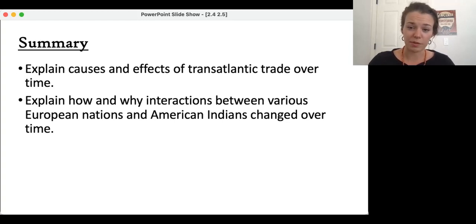Similarly, we've talked a little bit before about the way different European states interacted with Native peoples, how you saw the French intermarrying with tribes, how you saw a very complex racial caste system in the Spanish colonies that also allowed for mixing.